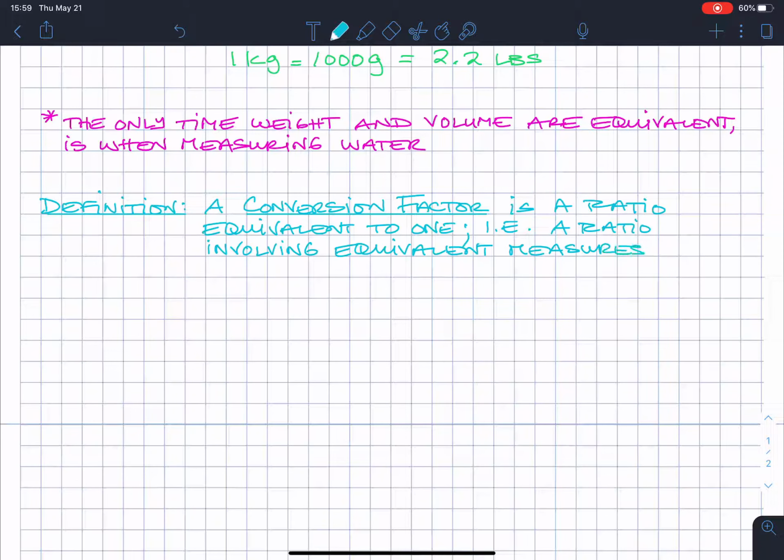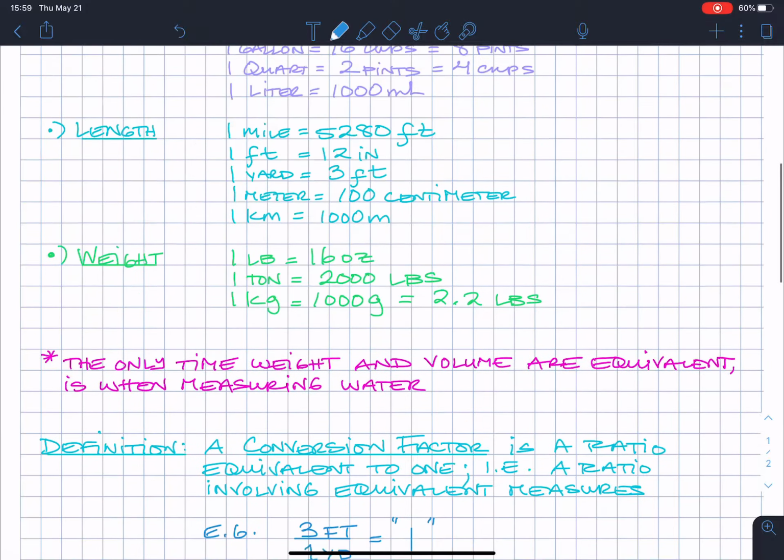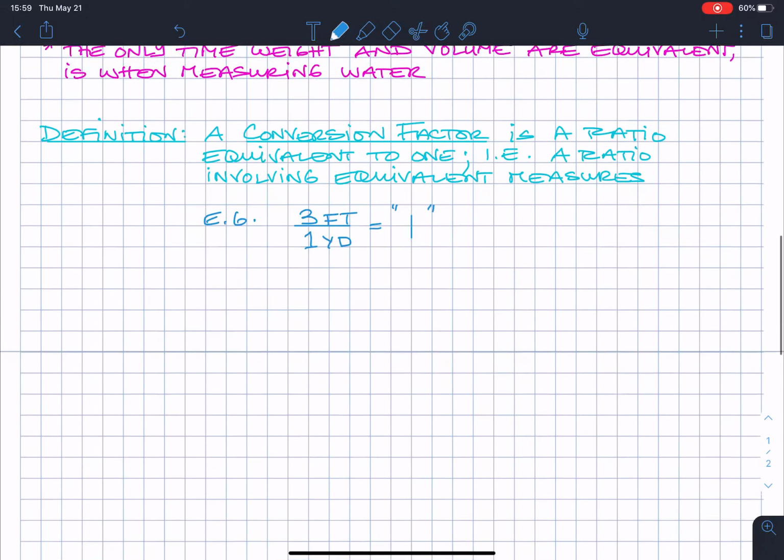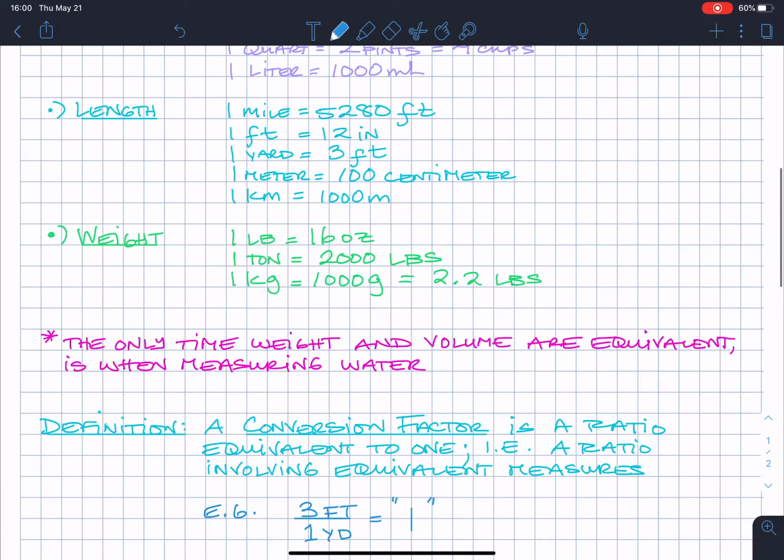Okay, so an example of that would be something like 3 feet is 1 yard, right? So if I did 3 feet to 1 yard, this would be equivalent to 1 because they are the same. If I look up here for length, 1 yard is 3 feet. So these are equivalent. And remember, anything divided by itself is 1.